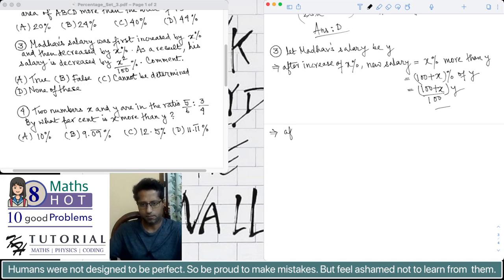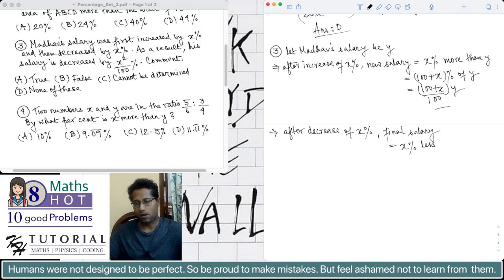So after decrease of X percent, final salary will be equal to X percent less than the salary which was the salary after X percent it was increased, that is X percent less than 100 plus X multiplied by Y by 100.